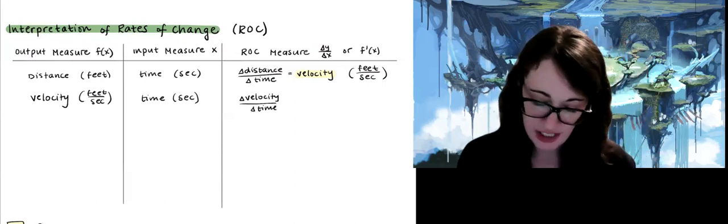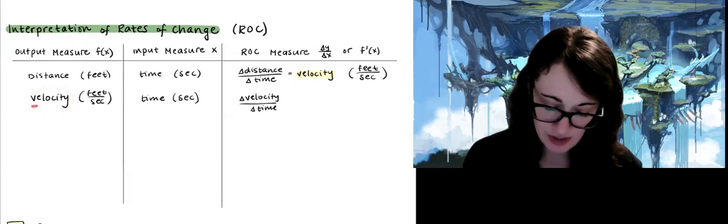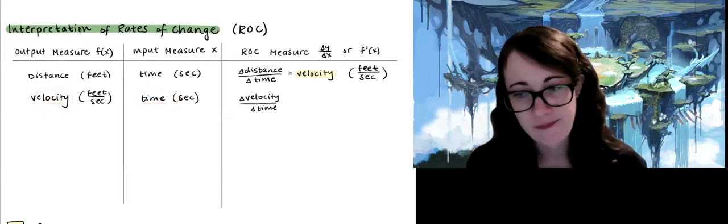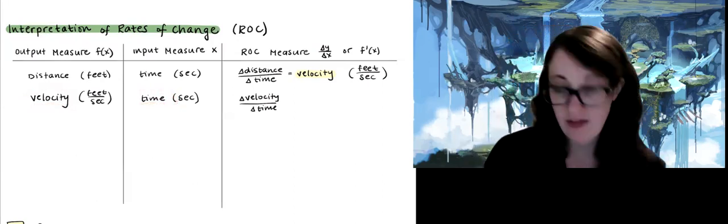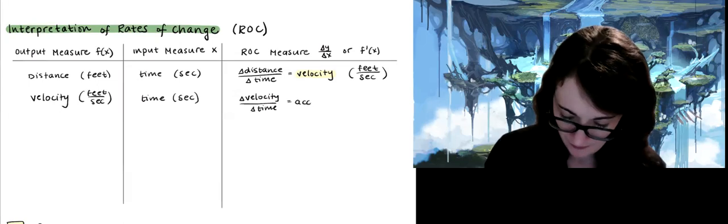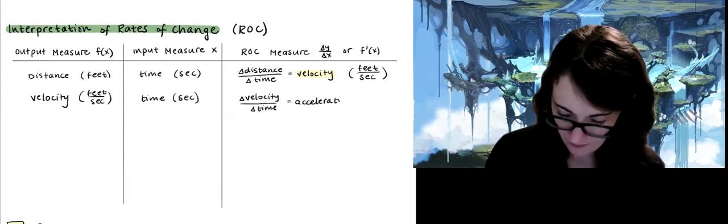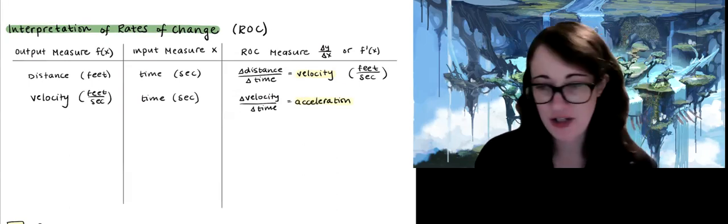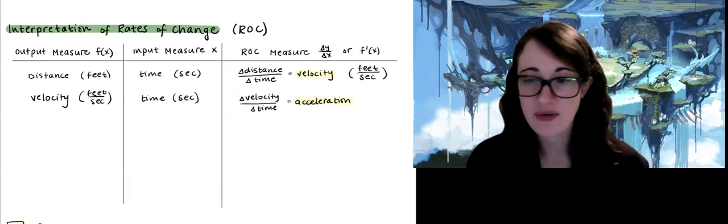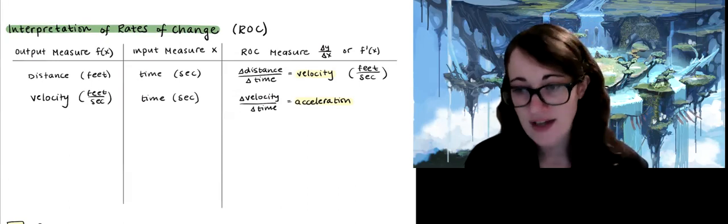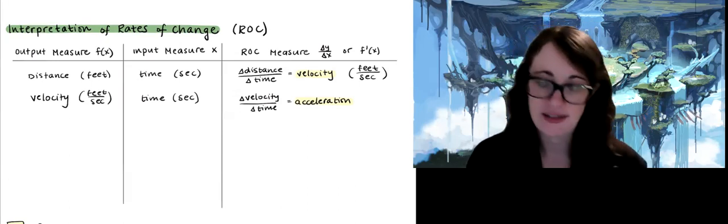Okay, so it's always the change in the output measure, which is like the y, over the change in the input measure, which is like the x. So the rate of change of your velocity over time, that's known as your acceleration. And this would be measured in the velocity units, which is feet per second, divided by the time units, which is seconds.